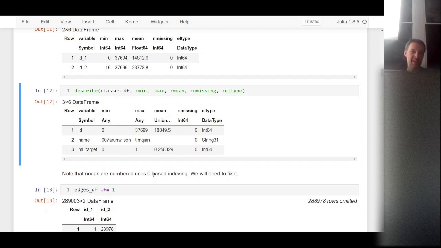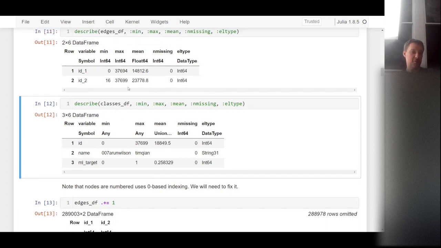So most likely this data set was originally prepared for analysis in Python, which is probably why its numbering started with 0, but we need to fix it to have one-based indexing in our data set because it will be easier to work with it later in Julia.